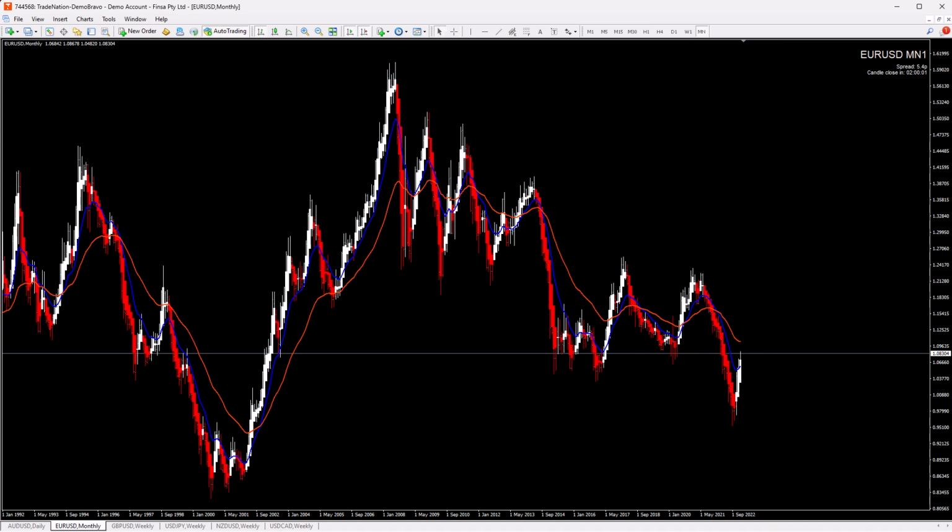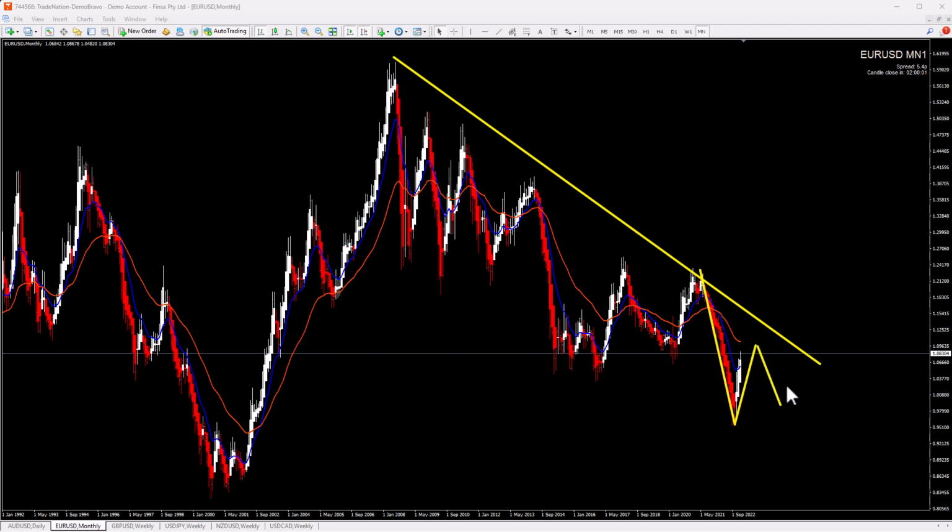Right now we are still in the downtrend from this big monthly perspective, and price can create a short 1 to 3 and continue to go down. So as long as we are below this trend line, we are still in bearish momentum from the long-term perspective. Very long, because this is the monthly chart.